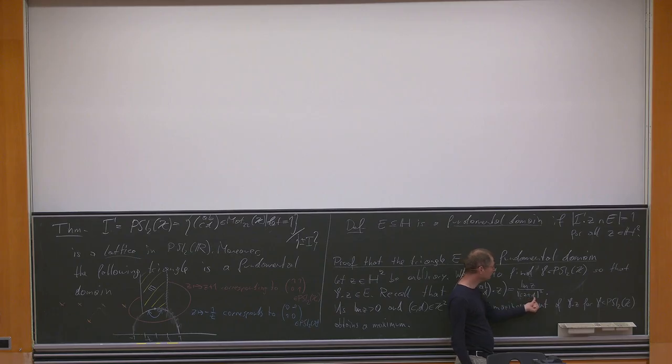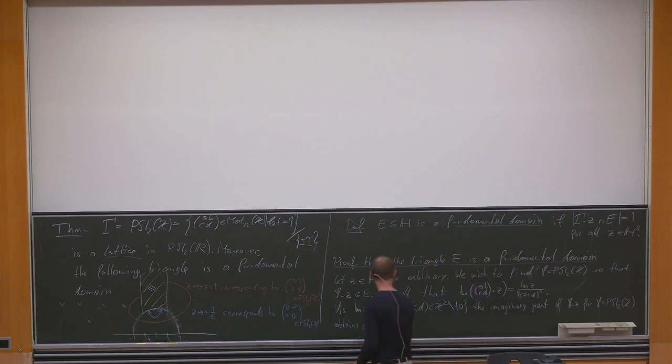Also, if D is getting large, but C is bounded, then the real part of that will be quite large, almost as large as D. And again, this quantity will converge to 0 and not be large. Hence you get a maximum of this quantity.